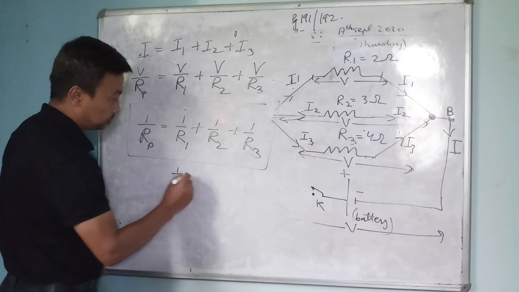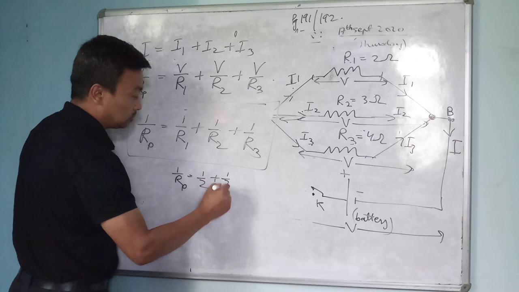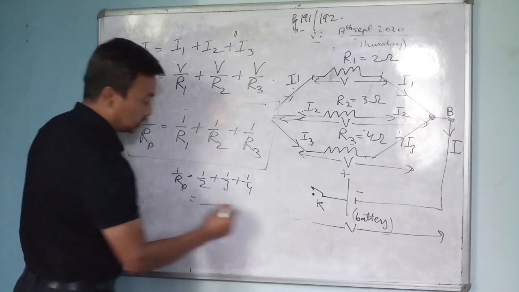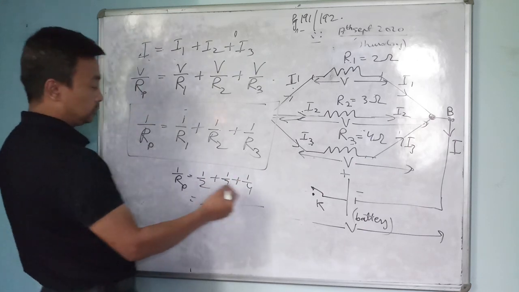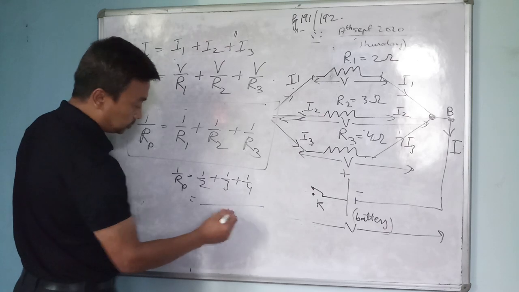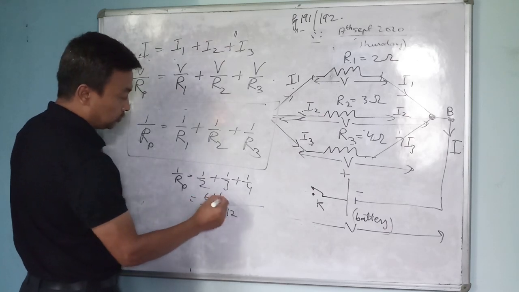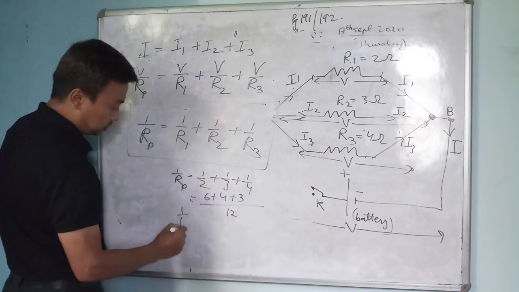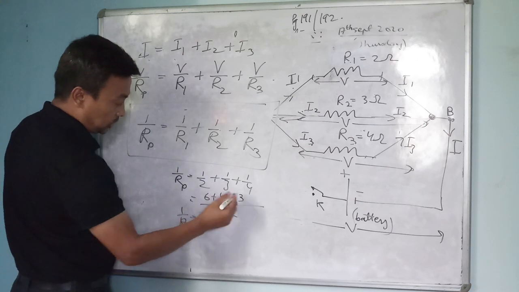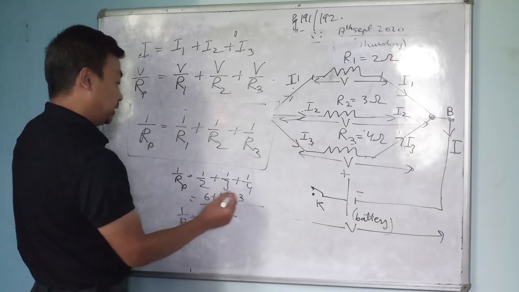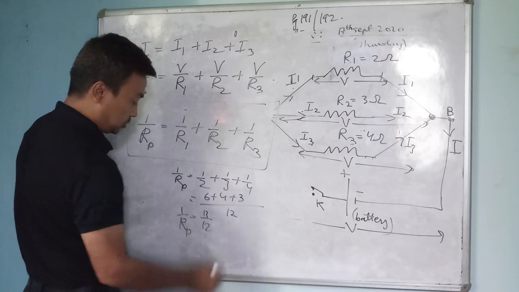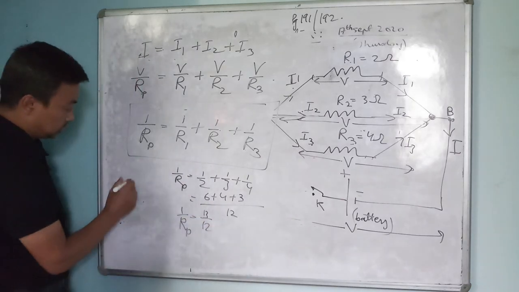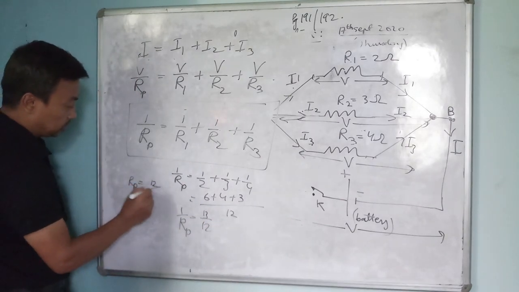What do we get here? 1 by 2 plus 1 by 3 plus 1 by 4. Let us add this quickly by taking the LCM, which should be 12. 6, 4, and 3, that is 10 plus 3, 13 by 12. So if you reciprocate, you will get 12 by 13.